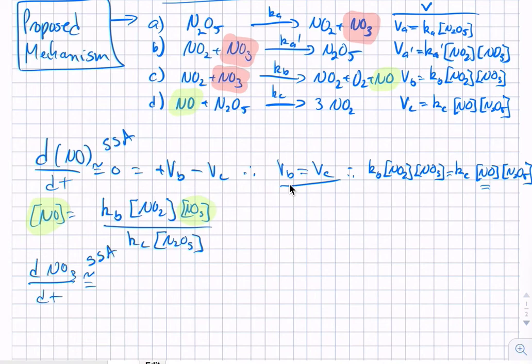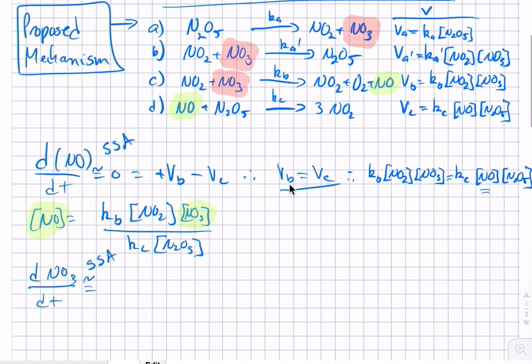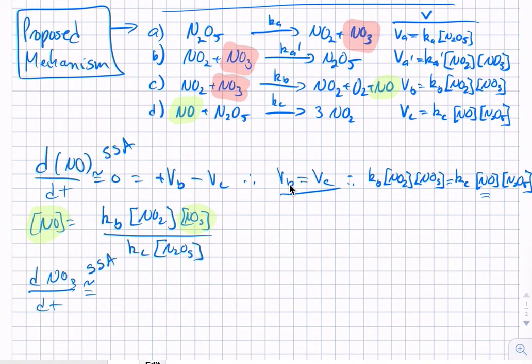So what can change the concentration of NO3? If we go back up and look in the pink, we see that VA will increase the concentration, VA minus will decrease the concentration, and VB will decrease the concentration.